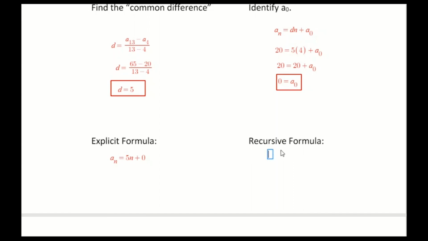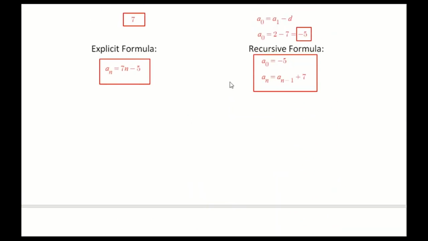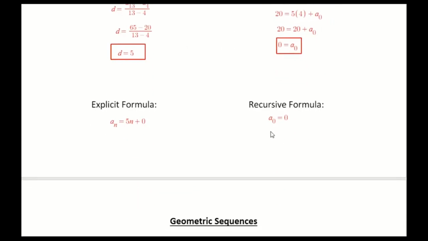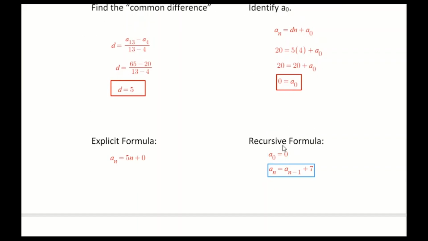For our recursive formula, we have to define the seed value. So the seed value, this a sub 0, is 0. And then we would define this as the previous term. So I'm going to go ahead and steal this up here, except I'm going to change what I'm adding. So I've got the previous term plus 5.